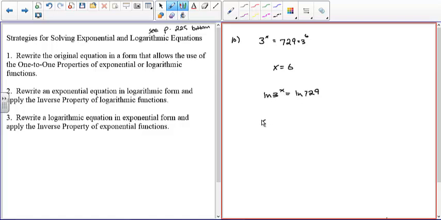Then we can bring the x outside the expression using the exponent property of logarithms, and solve for x. It's equal to the natural log of 729 divided by the natural log of 3, which you can plug into your calculator. If you do ln of 729 divided by ln of 3, the answer is 6.